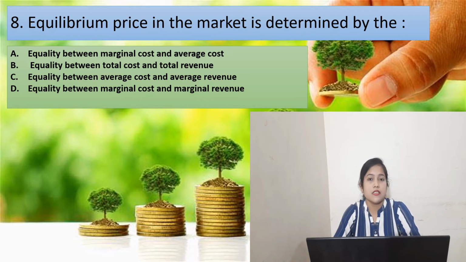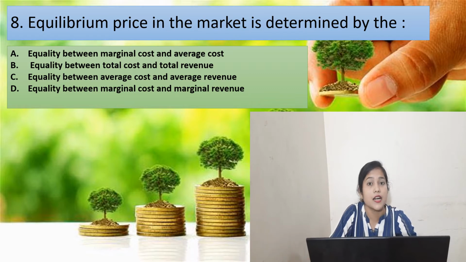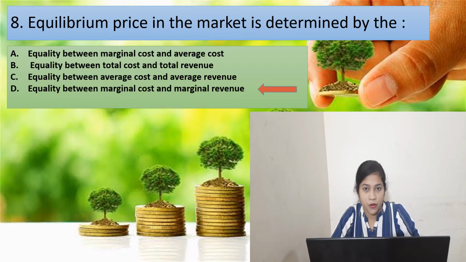See, I have discussed many times, whenever you get any kind of question regarding equilibrium, always go for the option that is marginal cost and marginal revenue equality. Because it is the sole option you will prefer in every question. In most cases, go for equality between marginal cost and marginal revenue, and the slope of marginal cost should be less than the slope of marginal revenue.